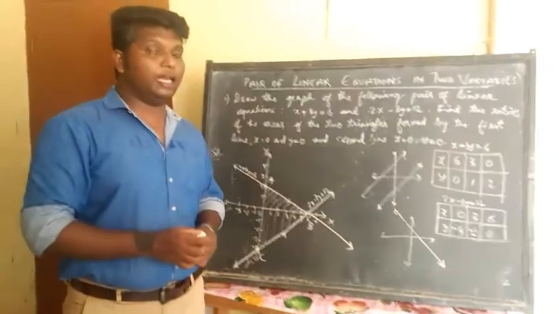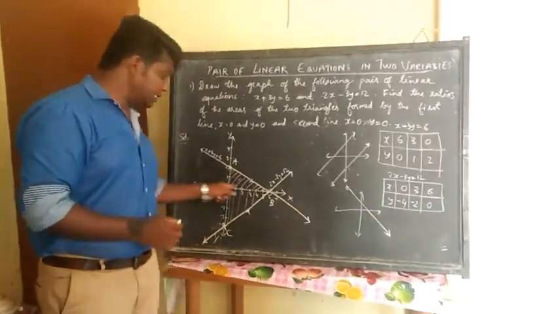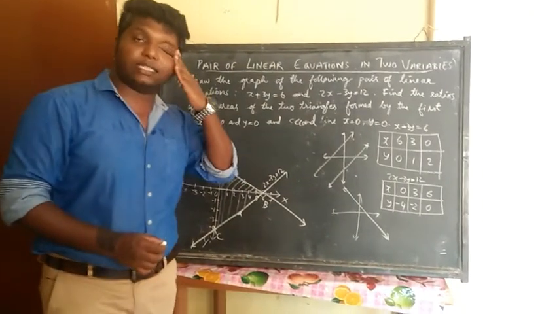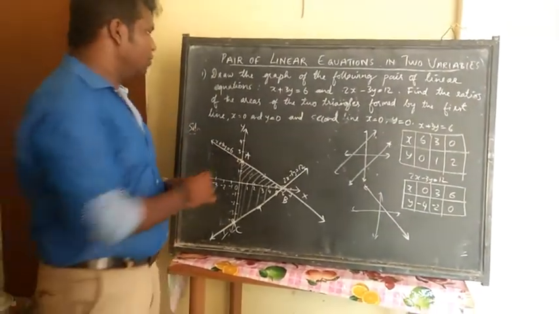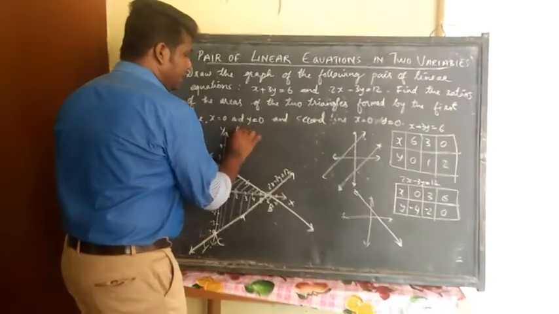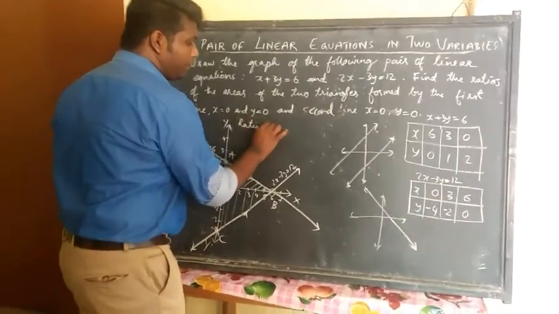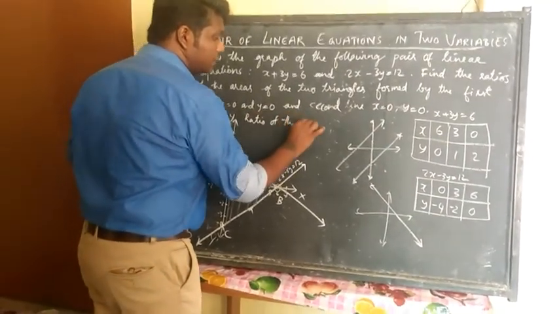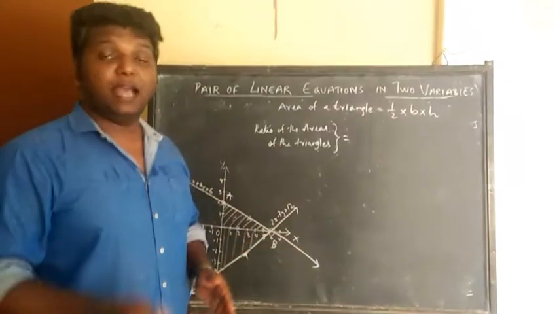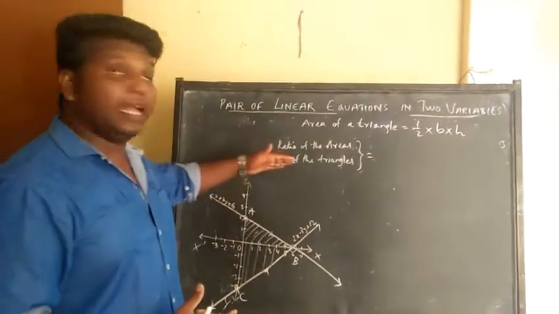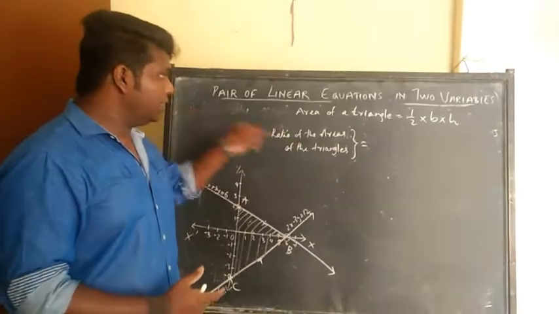We already know how to find the area of a right angle triangle. Here it is a right angle. So what is the area of a right angle triangle? It is half into base into height. So we will say the ratio of the areas is equal to, start. We have to find the ratio of the areas of the triangles, right?